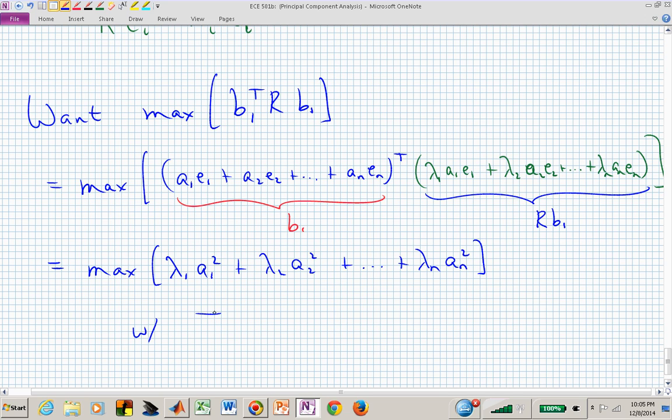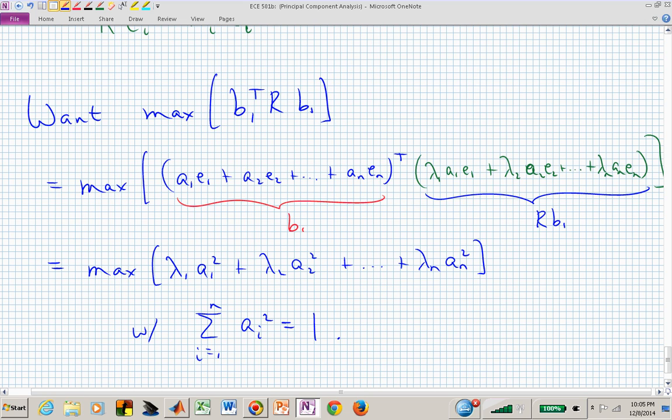We can also have all of these a sub i's be normalized, so that we're looking at a normalized decomposition of b sub 1.